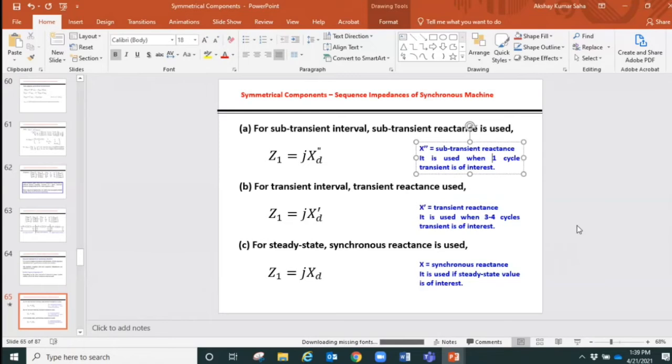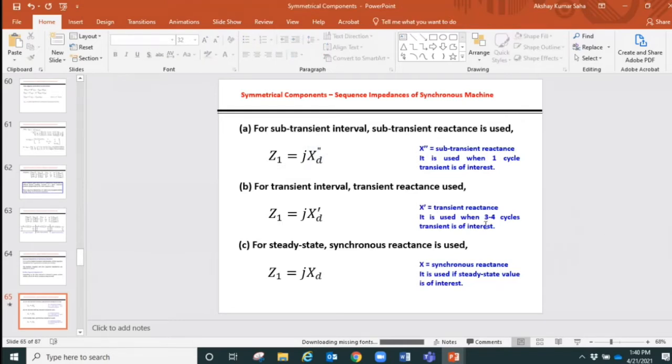So if we want to see what is happening within that 20 millisecond time, then we consider it a subtransient study. And then the positive sequence impedance Z1 will be only the subtransient d axis reactance, x double prime d. For the d axis we also have another one, xd and xq, the quadrature axis. So we will use that subtransient reactance only.